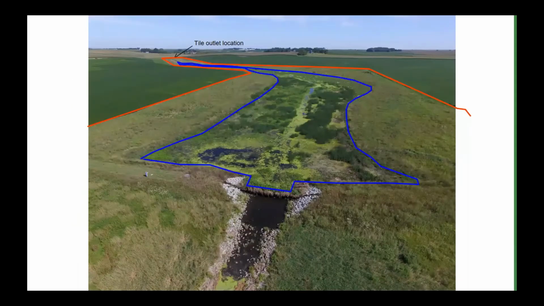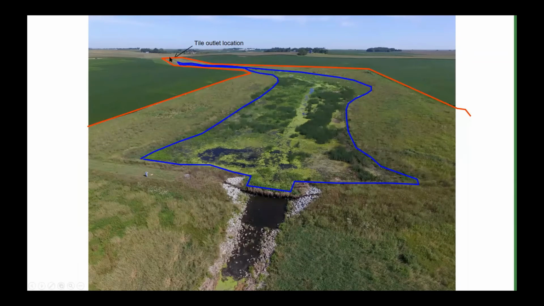I think this is a neat picture too. It gives you a drone aerial view of what this looks like following construction. So this would be a CREP project in north central Iowa. So this one would be under that program. But you'll see, closest towards, if you can see my cursor here, this is where that sheet pile structure is, with riprap to help control any erosion downstream.